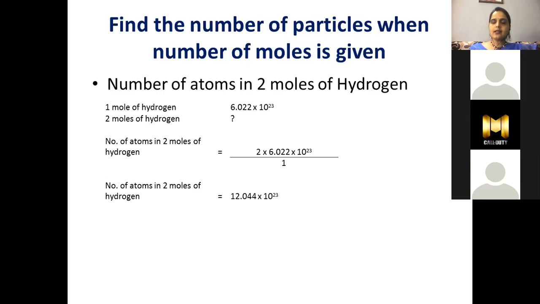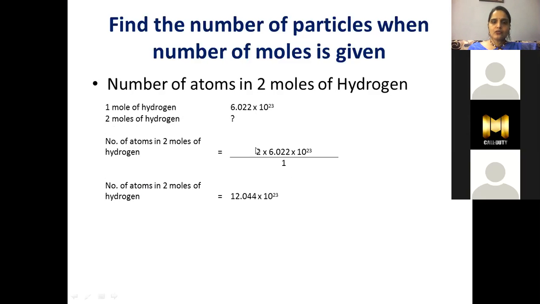Isn't it like the unitary method that we studied in the earlier classes? 1 mole of hydrogen corresponds to 6.022 into 10 raised to 23. 2 moles correspond to how much? So we do the cross multiplication, 2 multiplied by 6.022 into 10 raised to 23 upon 1.